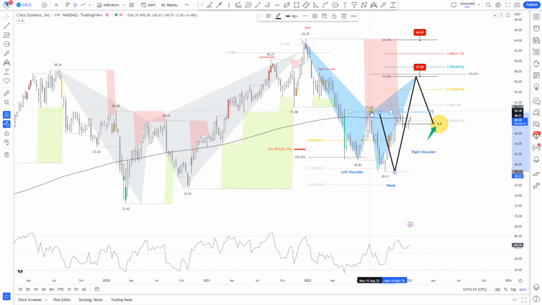Breakout above the next zone, confirming a potential false breakout below, confirming also the eventual head and shoulders formation, and we need to see a kind of a deeper pullback to form that right shoulder.